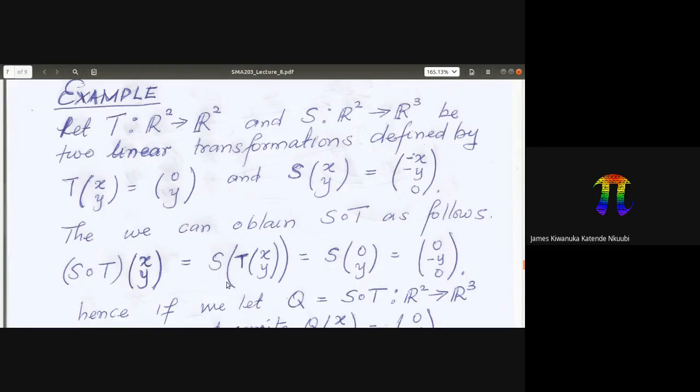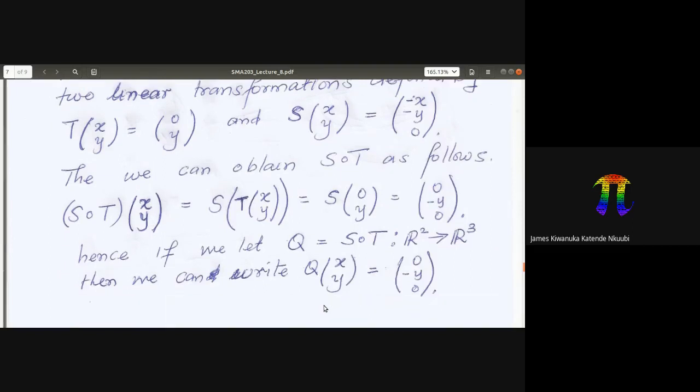S will pick up from the image of this vector, (x, y), under this linear transformation T. So (x, y) will be taken to (0, y) by T. And S will take (0, y) to (0, -y, 0).